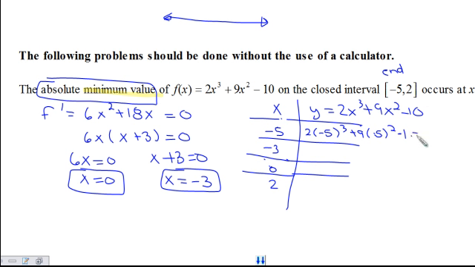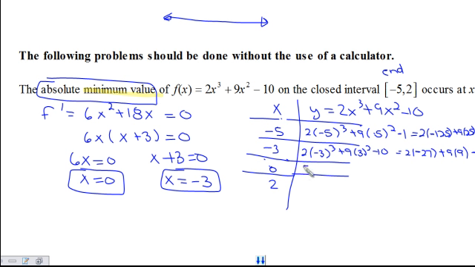So that is going to give me 2 times -125 plus 9 times 25 minus 10. Okay, the next one's going to be 2 times -3 to the third plus 9 times 3 squared minus 10. So 2 times -27 plus 9 times 9 minus 10.